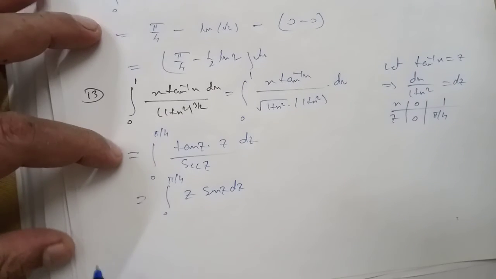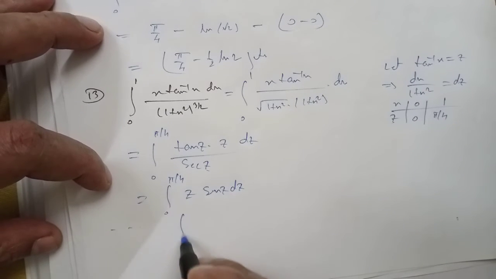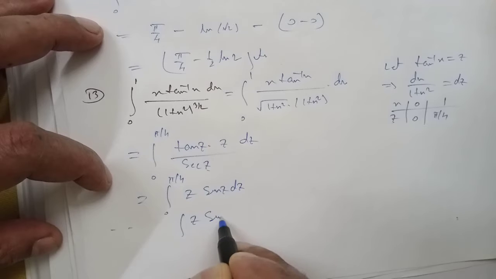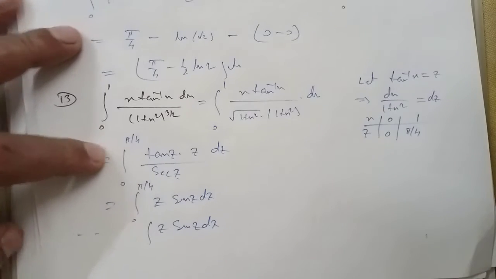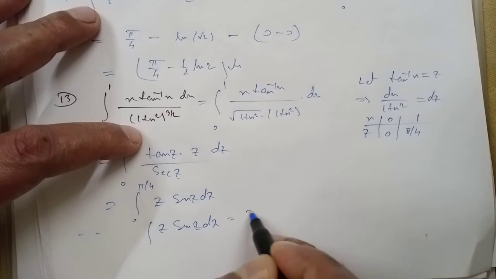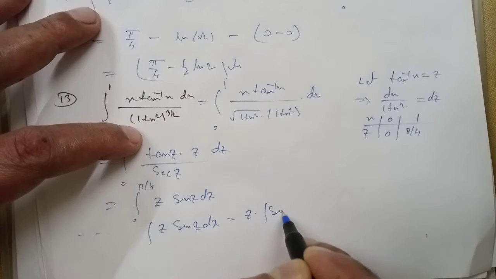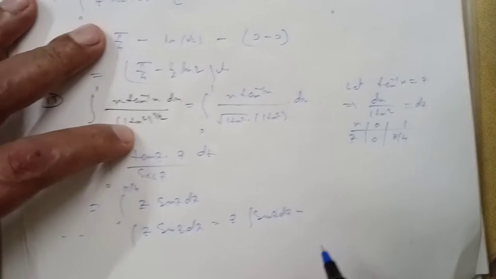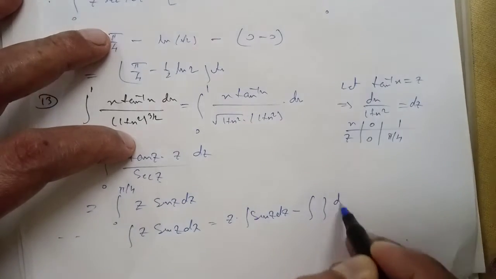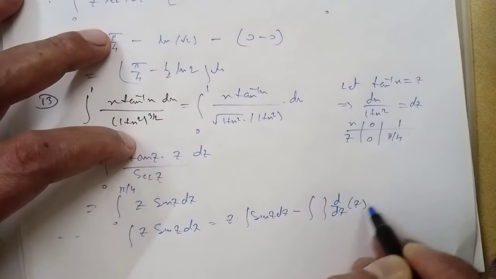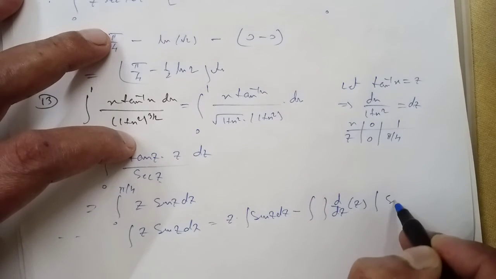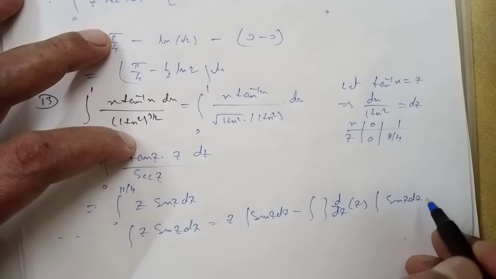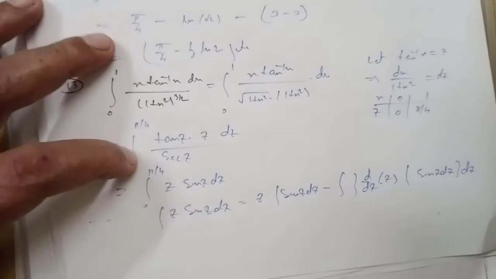Now let us consider the integral integration z sin z dz. Do it by parts. Z is your first function, z integration sin z dz minus integration second bracket d by dz of first function into integration sin z dz.